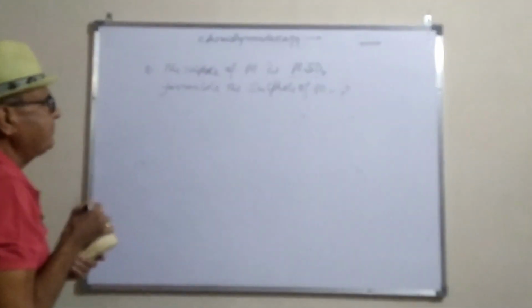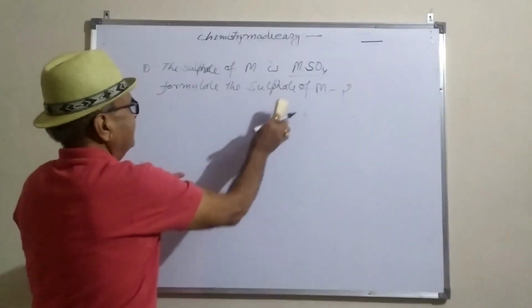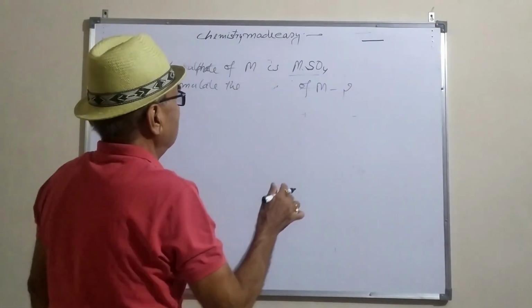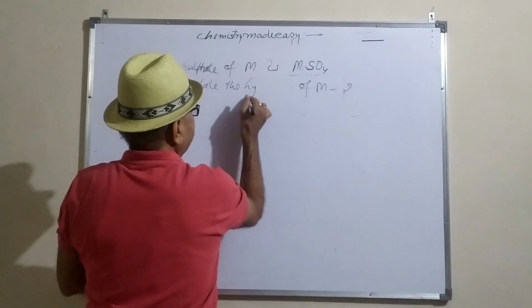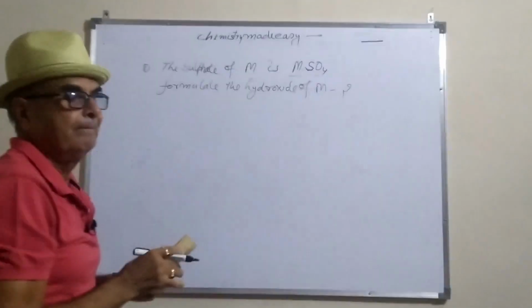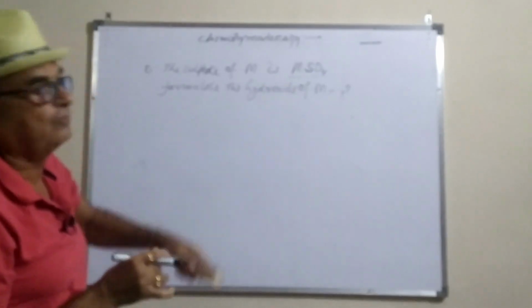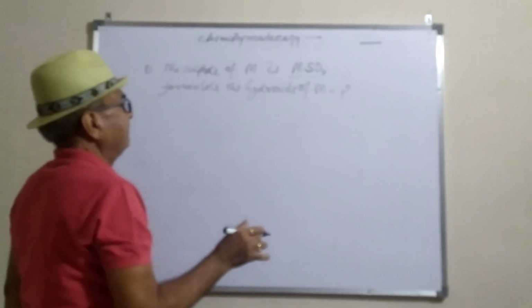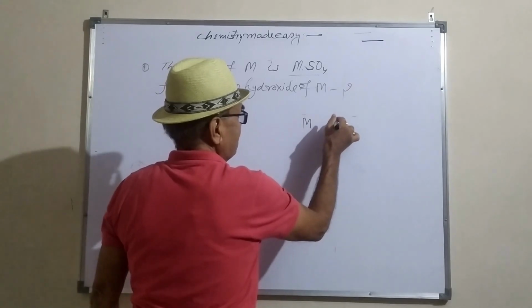The sulfate of M is MSO4. Then formulate the hydroxide of M. For M, this is hydroxide.